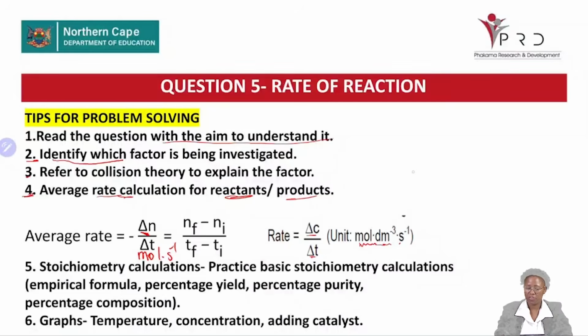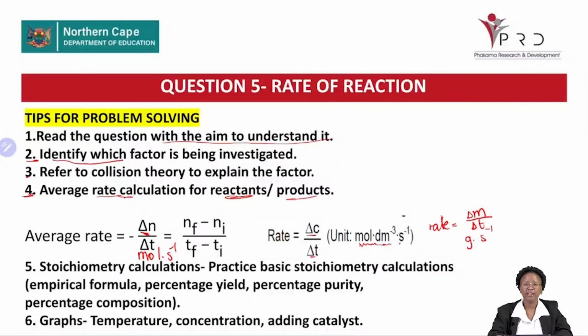Okay, the third one I want to add here is you can be asked to calculate a rate in terms of the mass. So it will be the change in the mass of the object over what? Over change in time. Remember, the SI unit will be grams per second, because remember, in chemistry, our mass is measured in what? In grams.